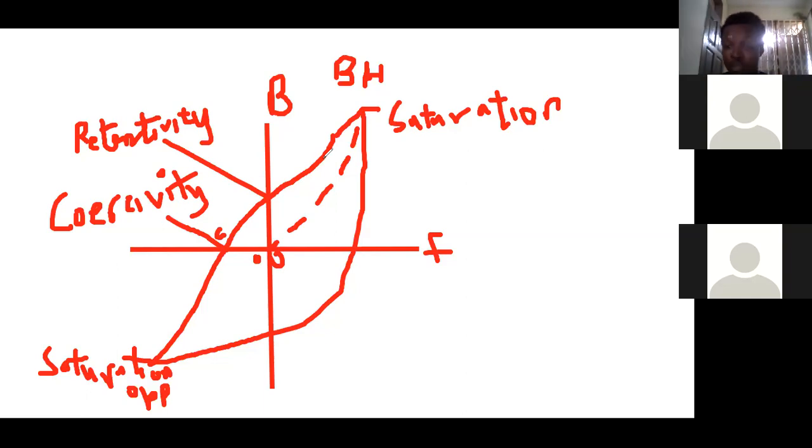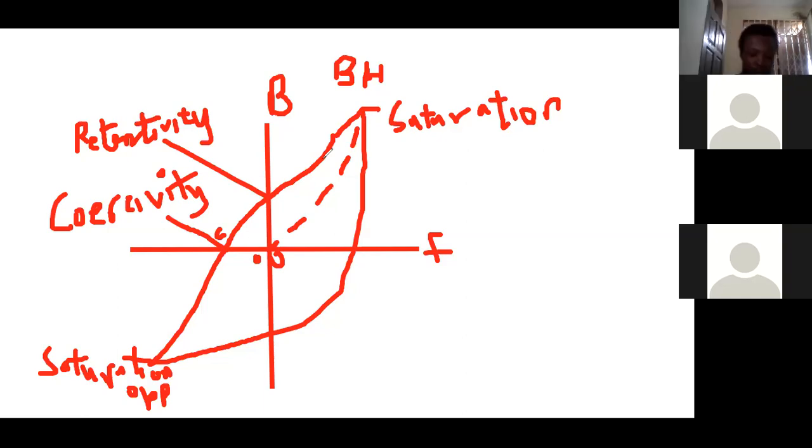When we talk of permeability, it means the property of a material that describes the ease at which the magnetic flux is established in a component. So when we say the permeability is high, we are saying that it is easily magnetized, or it is easily influenced by a magnetic field. And so that is electromagnetic permeability.